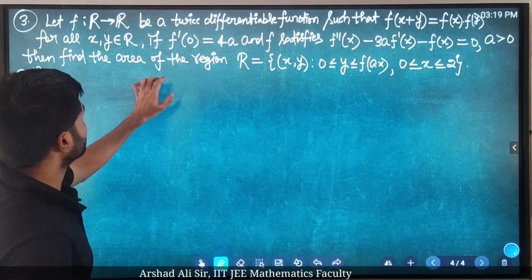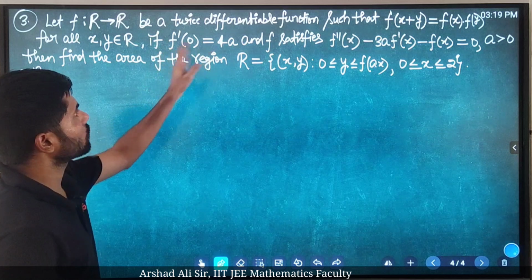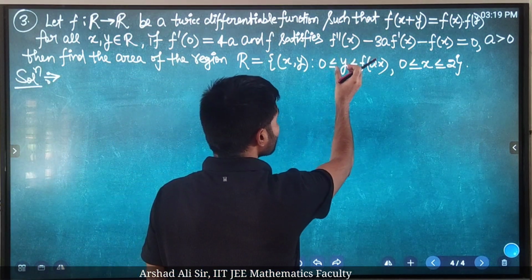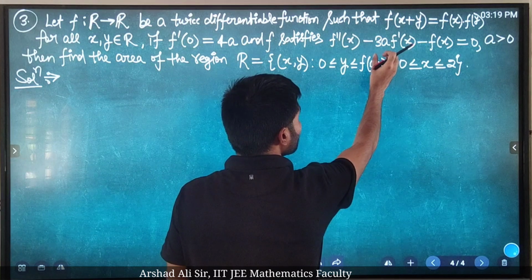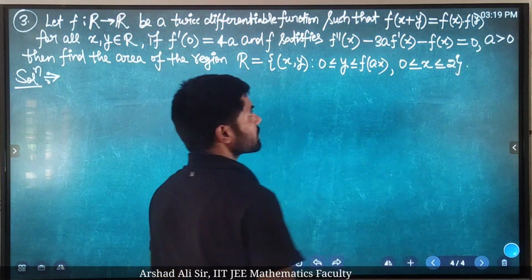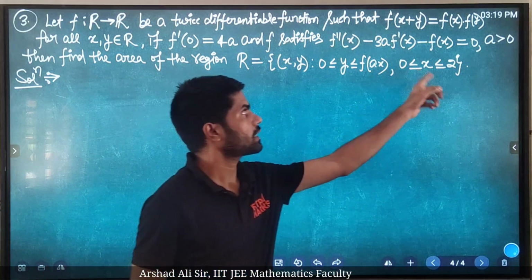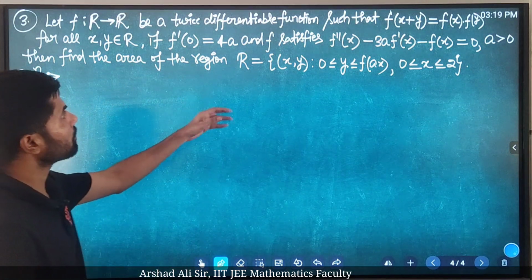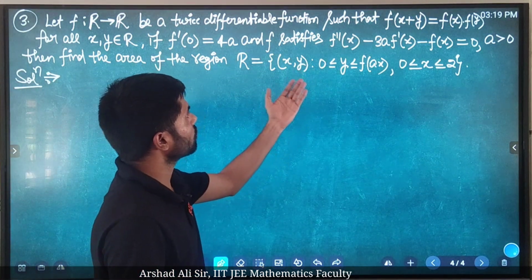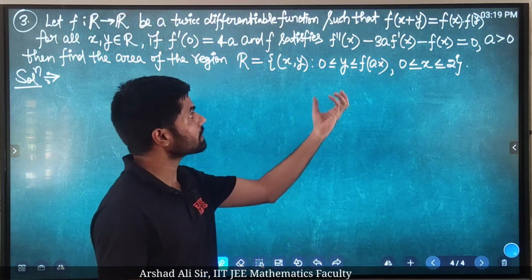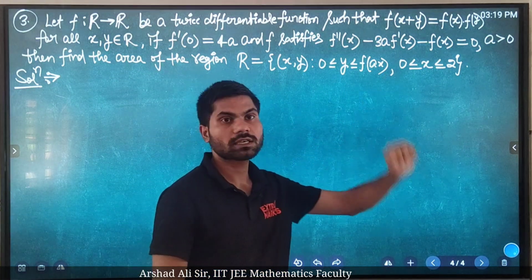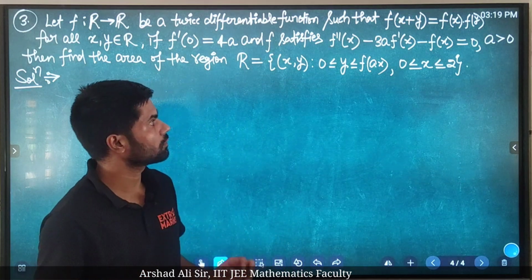One more condition we are given, f dash of 0 equal to 4 times a, and f satisfies f double dash of x minus 3 times a f dash x minus f of x equal to 0, and a is greater than 0. Then find the area of the region xy such that 0 is less than or equal to y, y less than or equal to f of ax, where x is greater than or equal to 0 but less than or equal to 2.